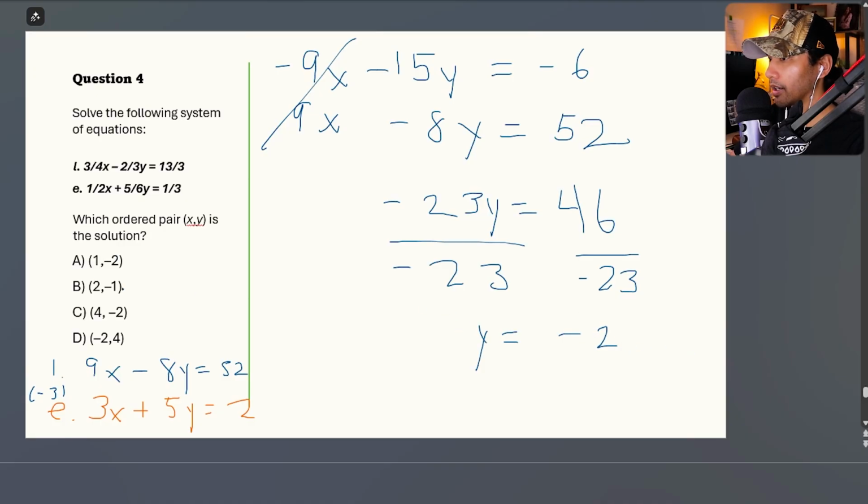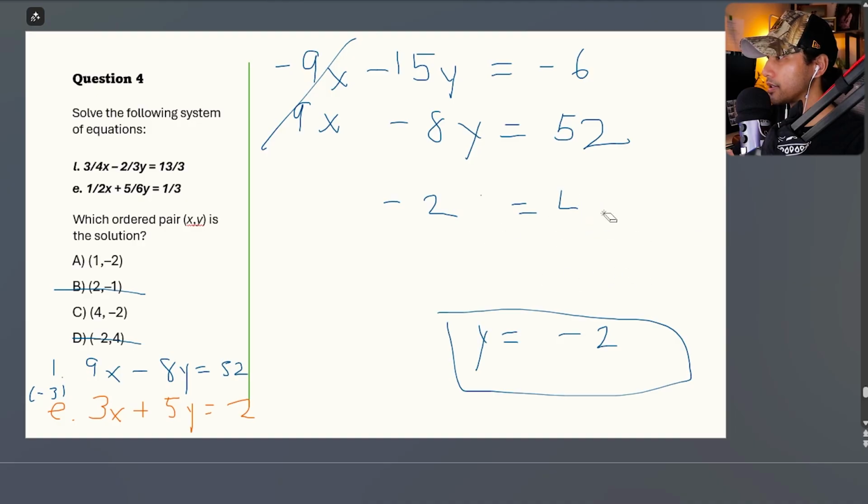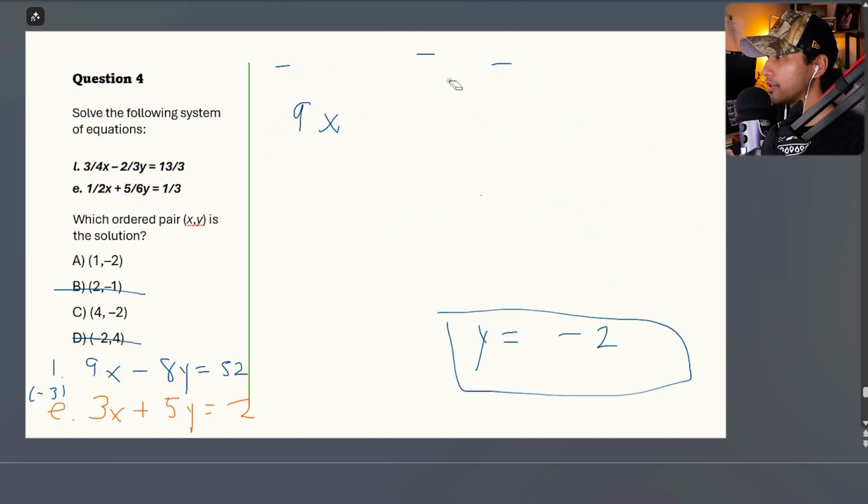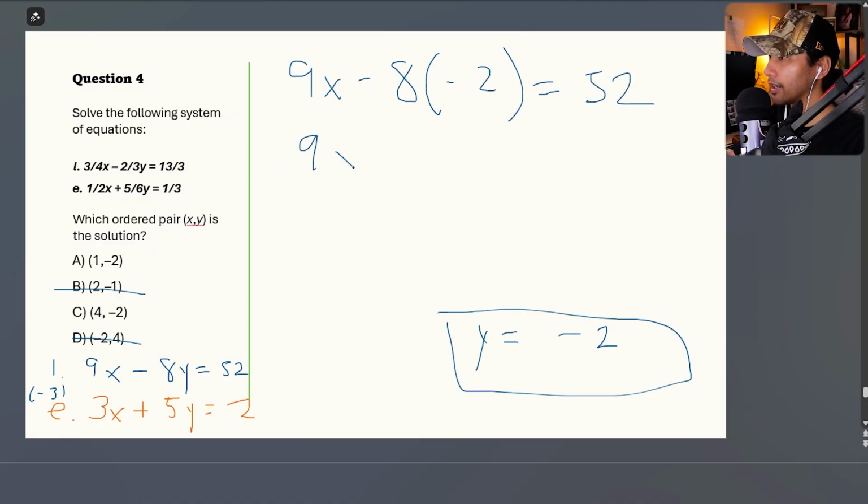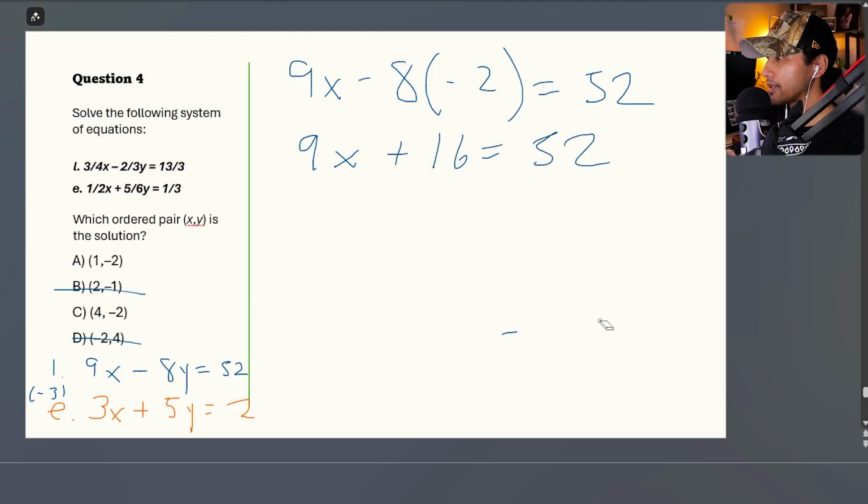Then we look at our answer choices, and we could eliminate B and D. Then let's go ahead and plug y equals -2 into one of our equations. I'm going to plug it into L, and I'm going to go 9x minus 8 times -2, equaling 52. 9x plus 16 equaling 52. I should have chosen the other one because there's that big old number.